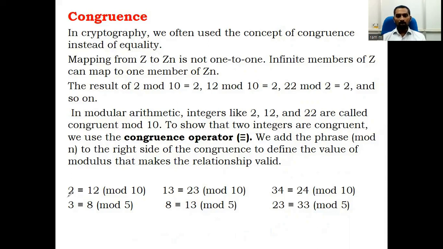So here 2 is congruent equivalent to 12 with respect to mod 10. Similarly, 13 is congruent equivalent to 23 with respect to mod 10. Similarly, 3 is congruent equivalent to 8 with respect to mod 5, and 8 is congruent equivalent to 13 with respect to mod 5. This is how we need to represent it.